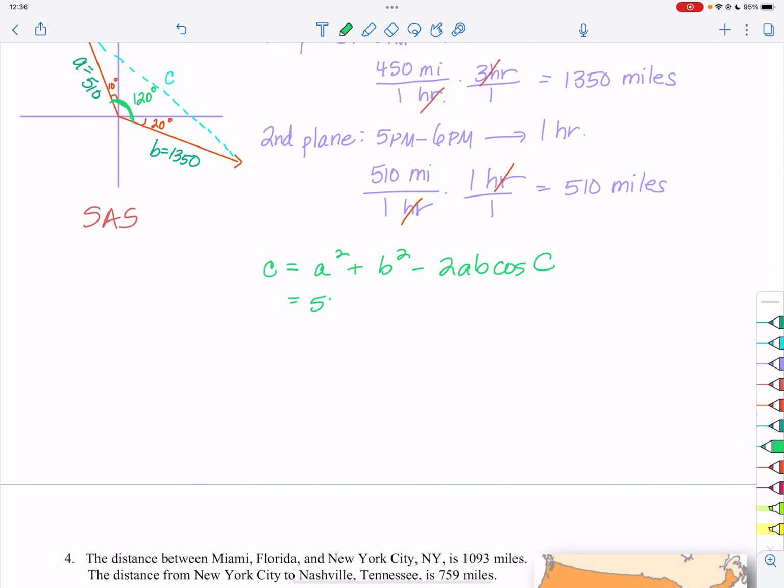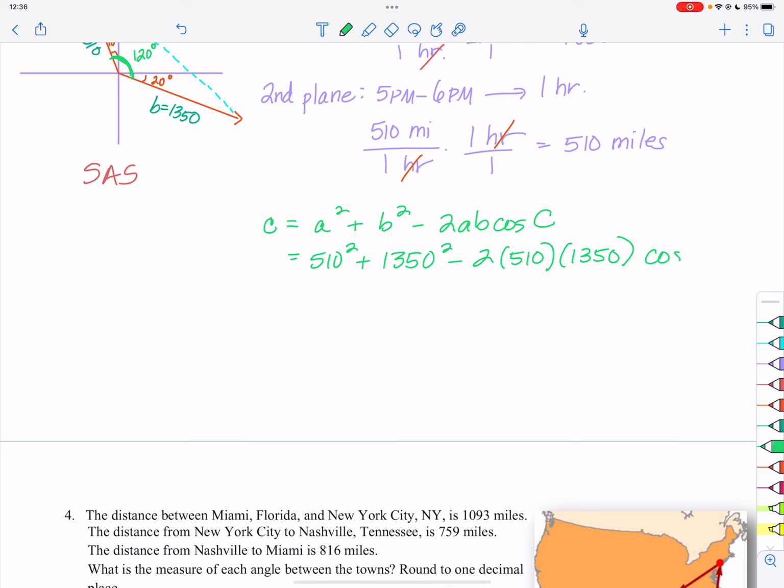So we have 510 squared plus 1,350 squared minus 2 multiplied by 510 multiplied by 1,350. And here we have the cosine of 120 degrees.